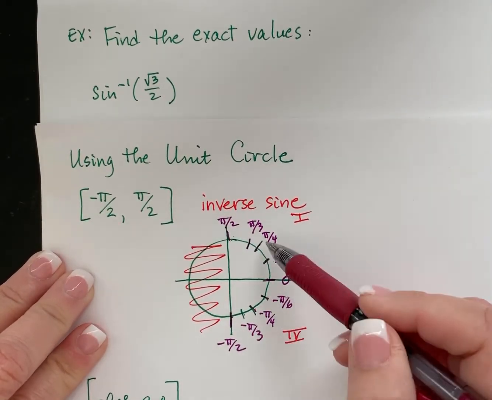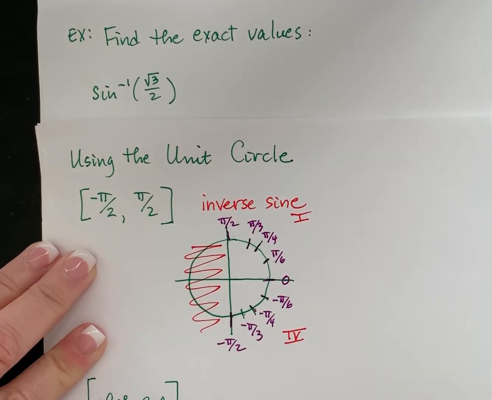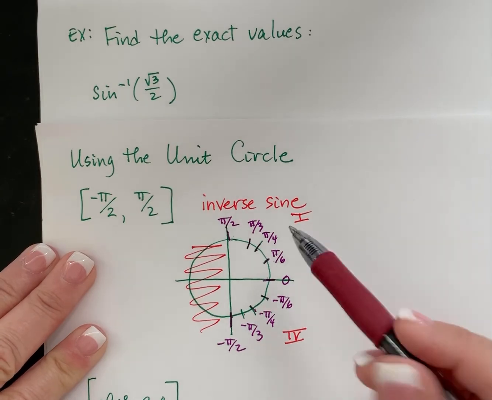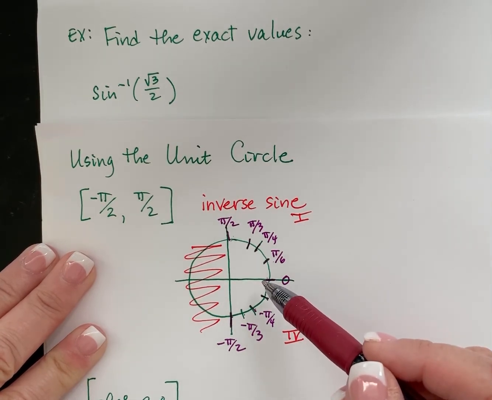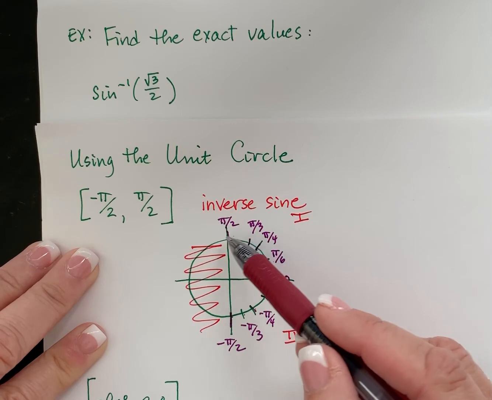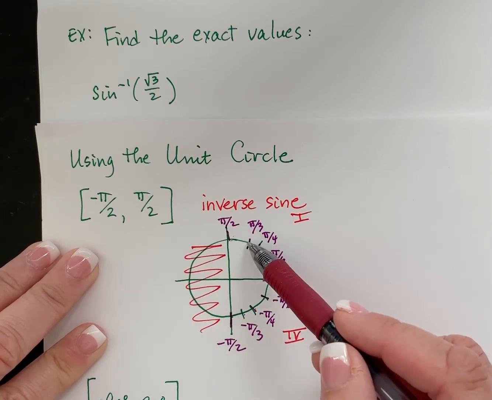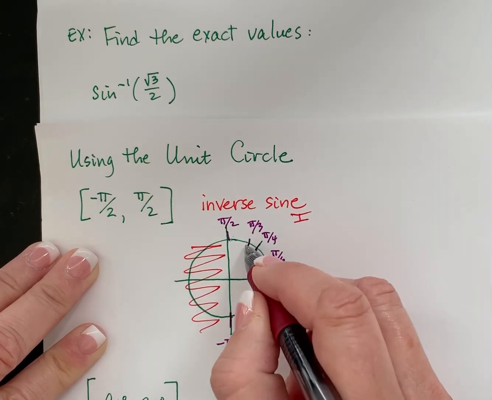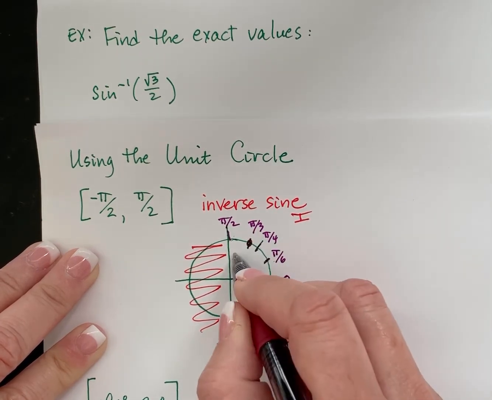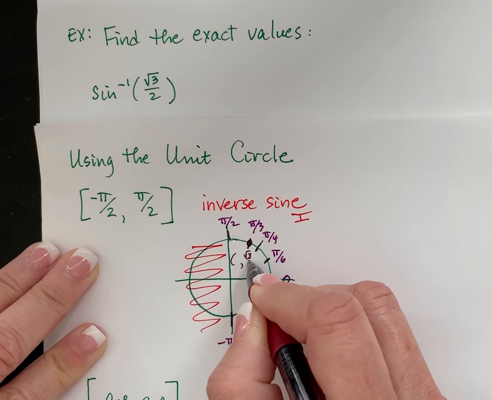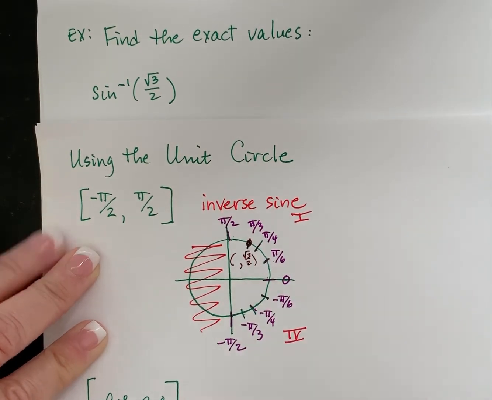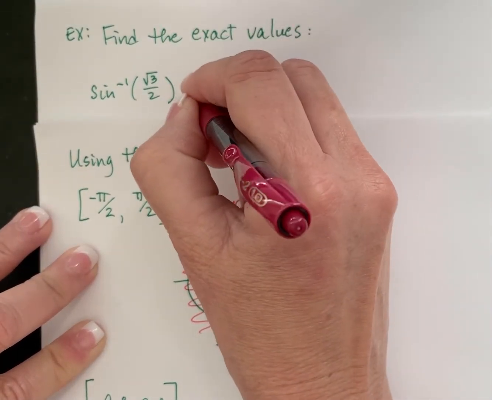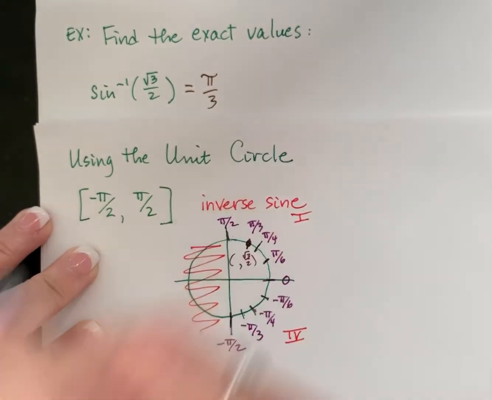It has to be one of these ones that I've written in purple. Those are the only choices. So where is the sine equal to the square root of 3 over 2? Up near the very top of the circle, not the very top, but almost to the top, at pi over 3. That point there, the y coordinate is the square root of 3 over 2. So the answer to this in radians would be pi over 3.